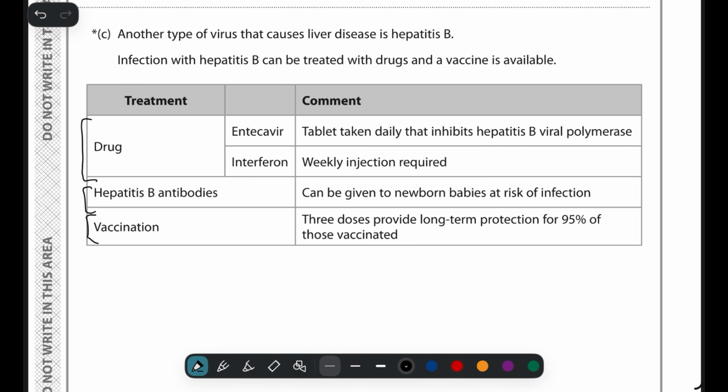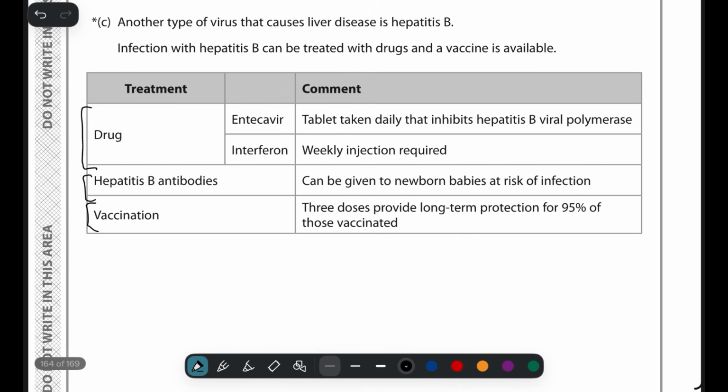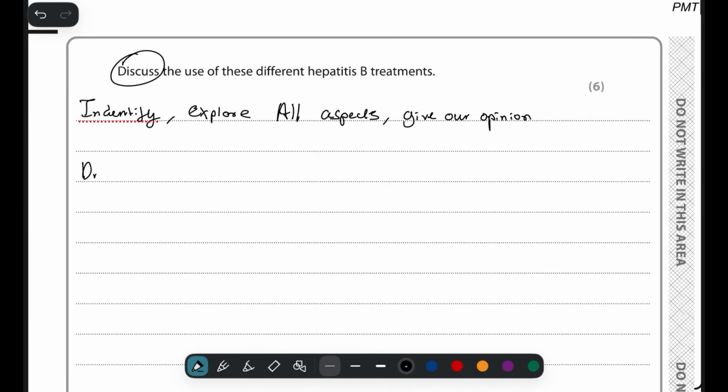Yeah, they want you to compare all of those in terms of their effectiveness in terms of managing a patient with hepatitis B. So we're thinking, okay, I would like to just kind of separate them out and talk about them each individually. So if we talk about drugs, we're saying that drugs can definitely treat an infection that's happened, right? So for someone who's already had an infection, drugs will be good. That's one thing to say. So drugs treat infection.